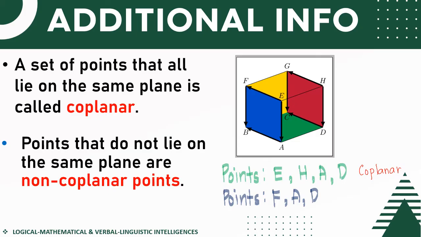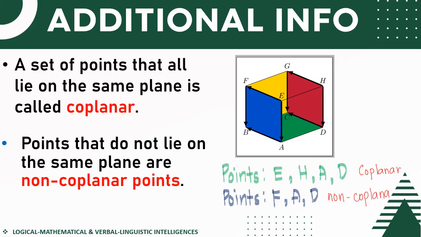Looking at point F and point A, they can be found here at the side view of the given figure, but point D we can find on another surface, separate from the surface where we find F and A. That means even though there's only one point which is separated from the other set, this is already considered in general as non-coplanar.